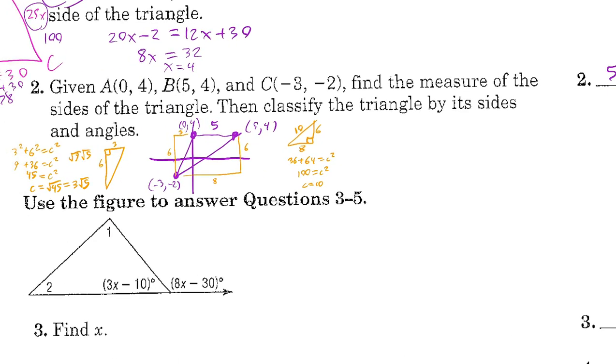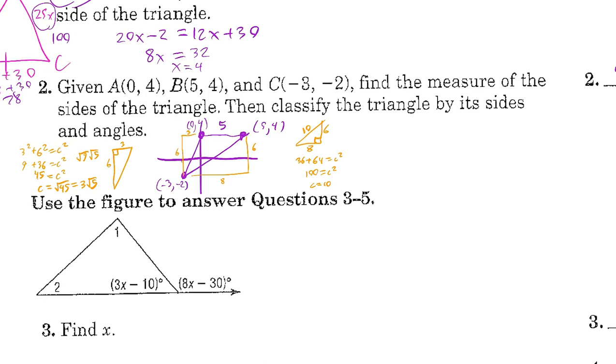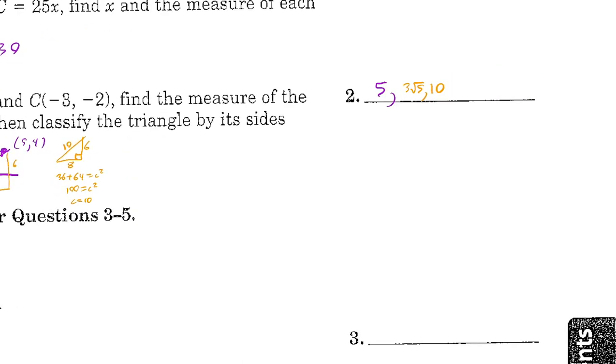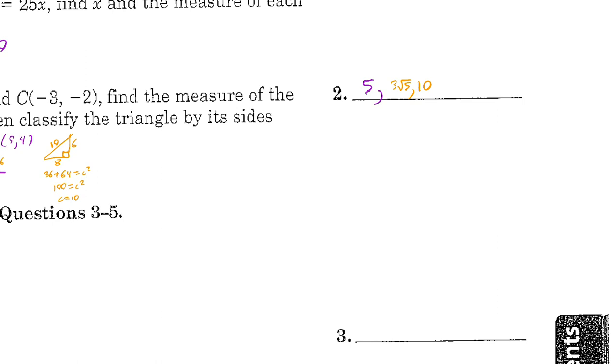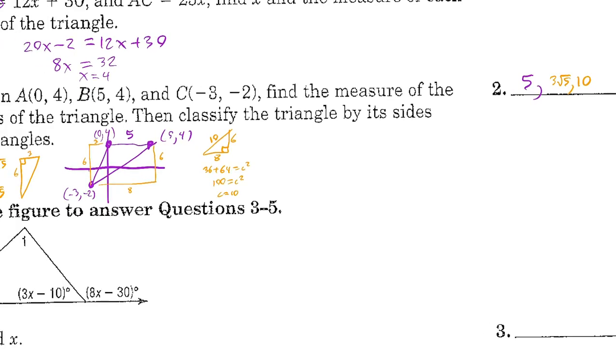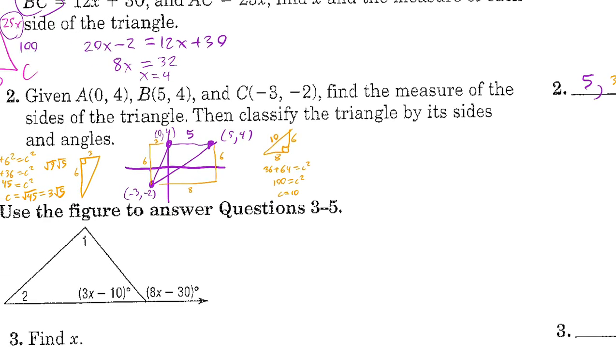And so it says classify the triangle by its sides and by its angles, okay? Well, by its sides, we know it's scalene. Now, do we know anything about its angles? We don't have trigonometry yet to actually solve for angles, but what we do know is a horizontal line and a vertical line form a right angle.